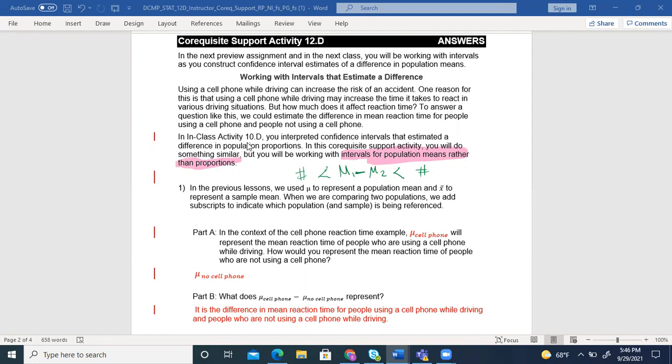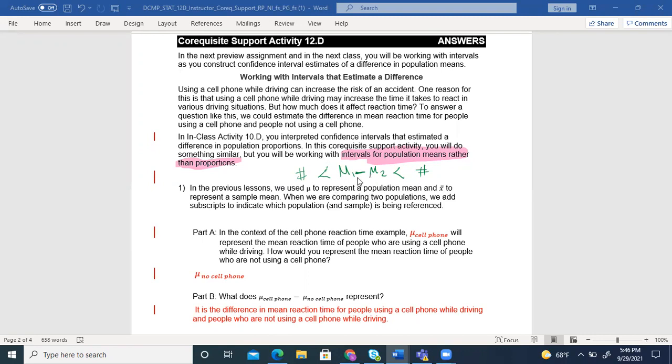In class activity 10D, you interpreted the confidence interval that estimated a difference in population proportions. In this activity, you will do something similar, but you will be working with the interval for population means rather than proportions.